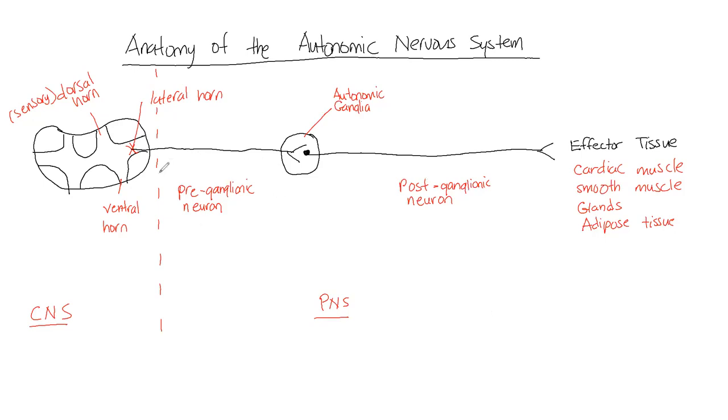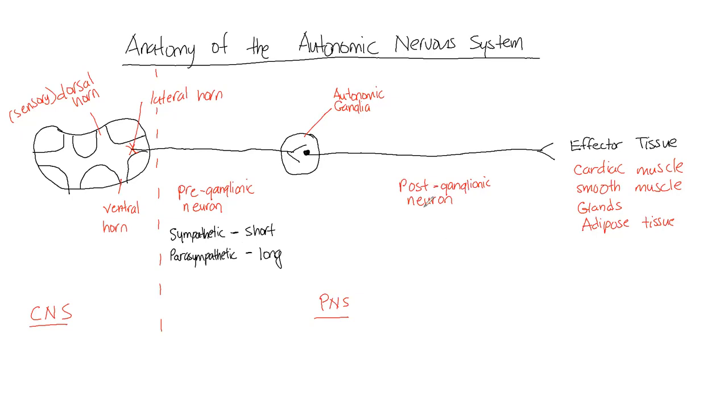So we want to think about the preganglionic neuron as being a shorter neuron in the sympathetic system. So in the sympathetic system, the preganglionic neuron is short, and in the parasympathetic system, the preganglionic neuron is long, okay?